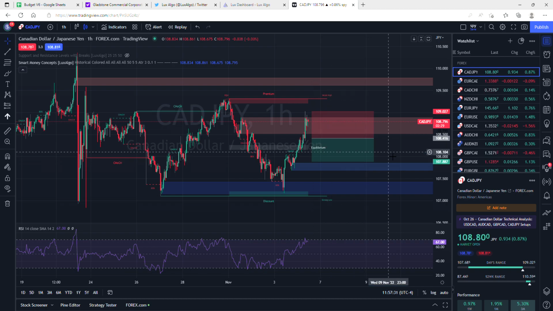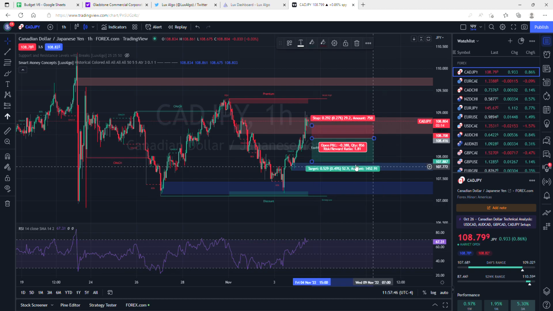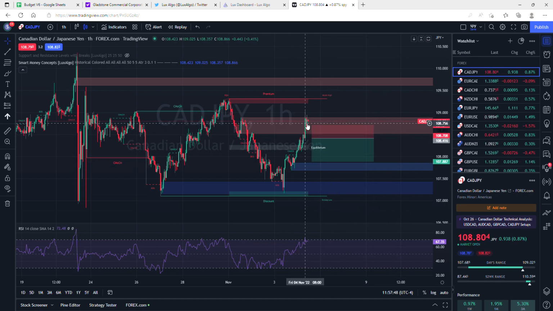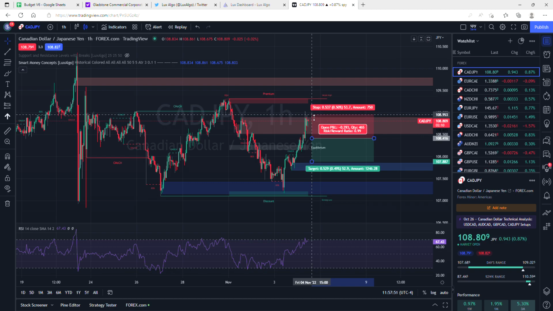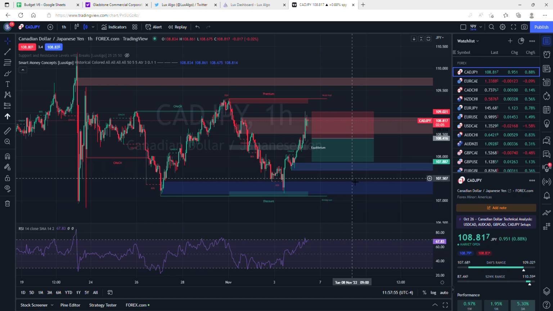Now I know that risk to reward is not great, but you can always set a tighter stop loss if you're entering here and say, hey, I only think it's going to go halfway. Maybe do something like that. Now you're looking at a 1.81 instead of basically a 1, which is more or less what it would be. A 1-to-1 risk to reward is kind of what this strategy is built around.